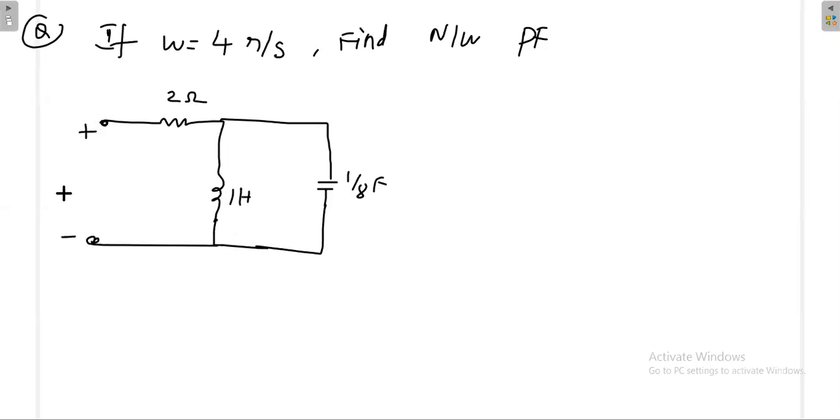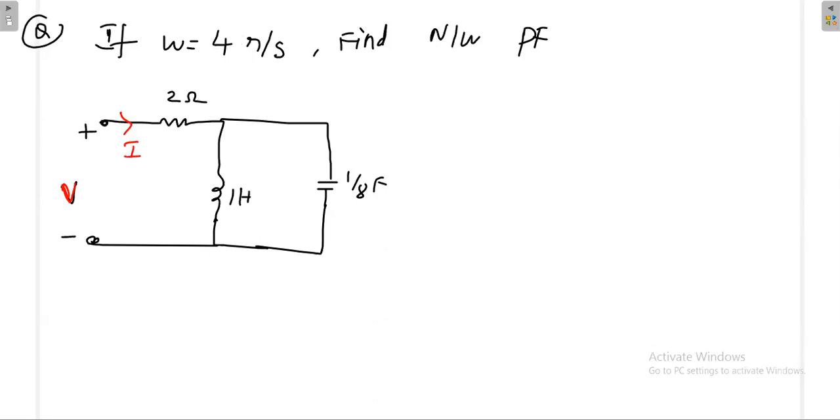Once you apply V, current I will flow. Finally, the power factor of the network will be decided by the angle between V and I, because V you are applying and based on the network I is flowing. So based on the difference between V and I, the ratio of V and I, you can say the power factor of the network. So finally you have to find out the relationship between V and I.